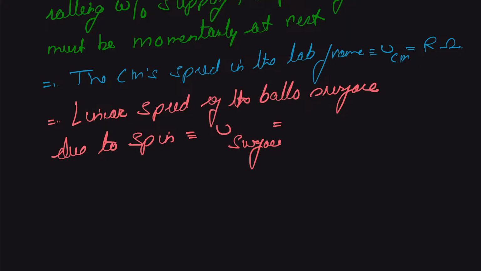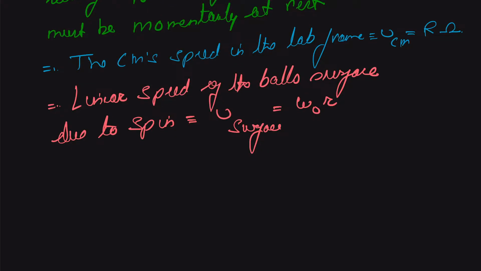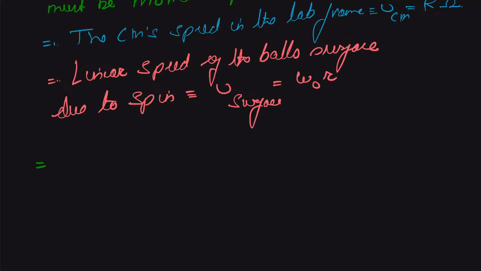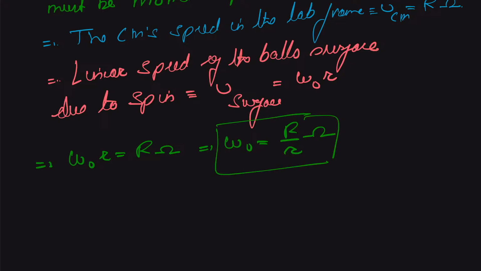This V surface will be equal to omega naught multiplied by its radius, that is small r. These two we can equate, and this gives us that omega naught r should be equal to R times omega, or we can say that omega naught will be equal to R upon small r multiplied by omega. So this is our rolling condition in terms of our rotating frame.